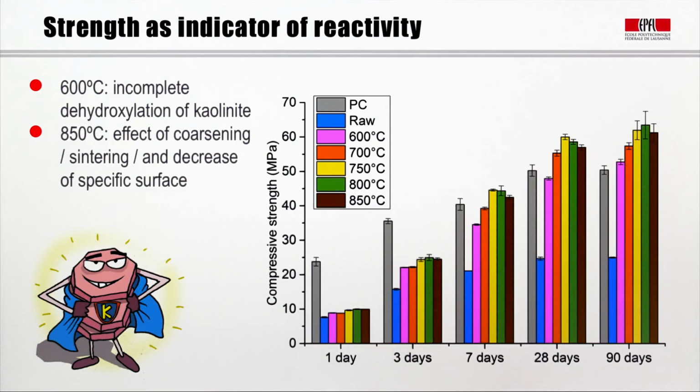Okay, if we look at the effects of temperature, we can see very clearly there's an optimal temperature. So here we see the raw clay has basically no activity, it just dilutes the cement. But already from as early as 3 days, the different clays are contributing to the strength. And clearly by 7 days, we can see we have an optimum at about 750 degrees in this particular case.